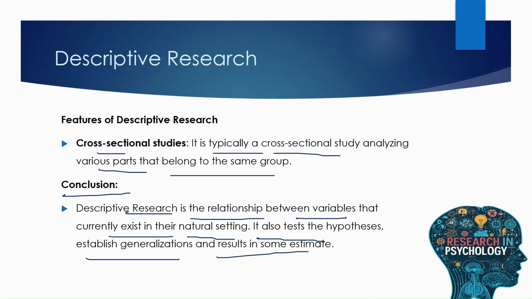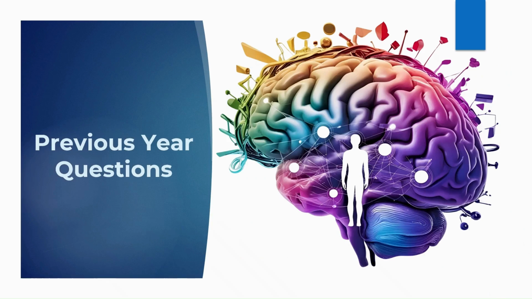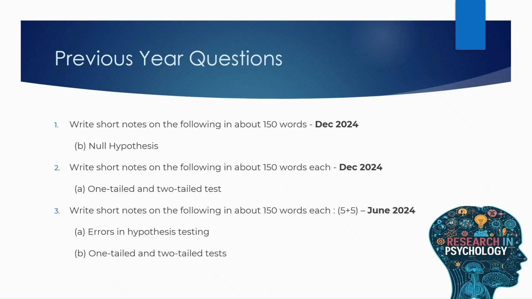So we are connecting descriptive research with hypothesis here. In descriptive research, we are testing hypothesis also. All right. So we are done with our second unit, and we have finished hypothesis and descriptive research. Let's move on to the previous year questions.